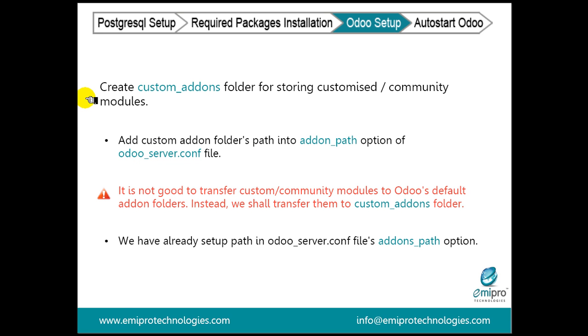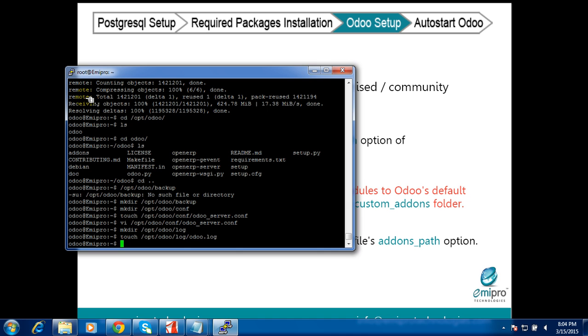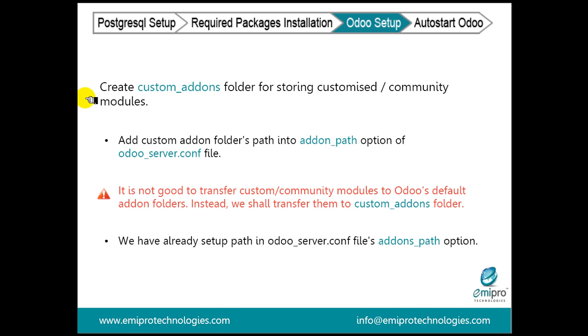And now let us create a custom add-ons folder. We have already added the folder path inside the add-ons path option of the Odoo server conf file.